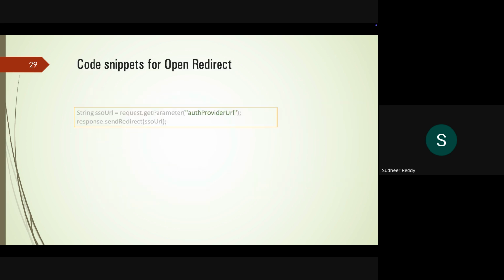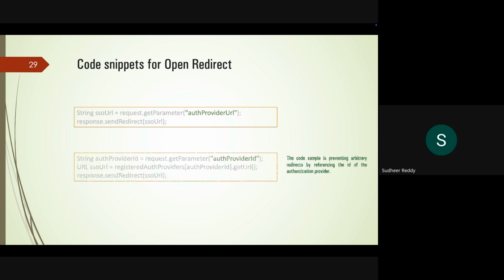And look at the example. A couple of examples are given. In the first example, the author provided one URL, and that URL is being taken from the GET parameter method. Very simple. The first line is over, and the second line redirects to whatever URL has been captured.